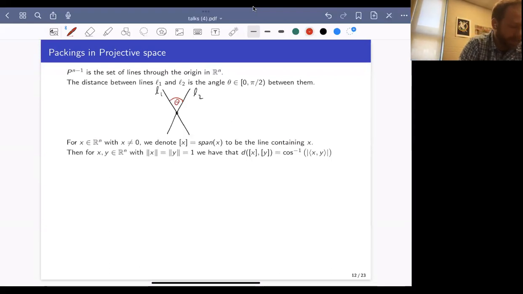And for notation, I'm going to write, if x is any non-zero vector, this will be the span of that vector. And so it'll be that line in projective space containing that vector. And note that if you have two unit vectors, then the distance between their spans is given exactly as the inverse cosine of the absolute value of the inner product.